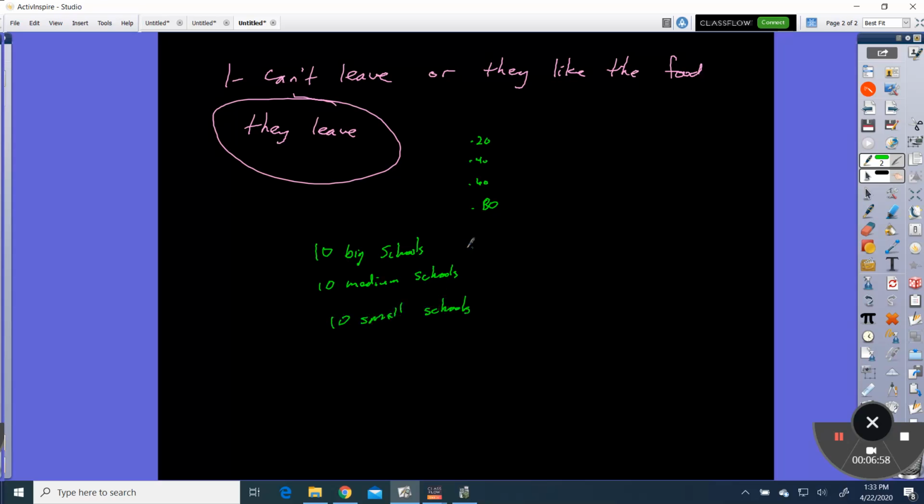And out of the big schools, you randomly pick every 20th senior. The medium ones, you pick every 10th senior. And here you pick every third senior. Or you could just randomly pick a number out of the hat and say, student number 27.